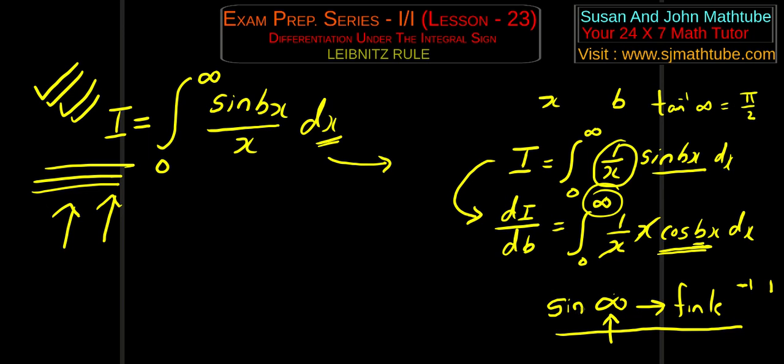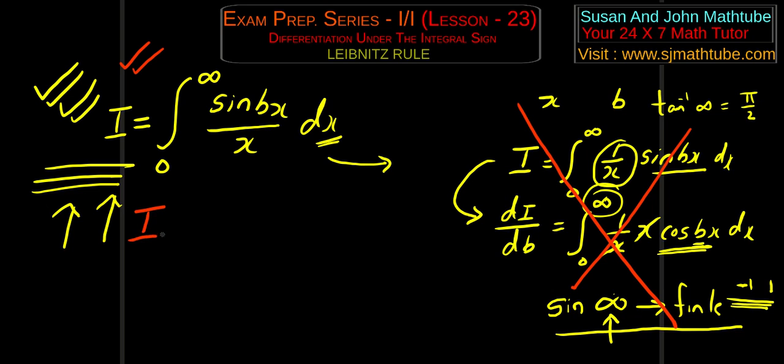But if you ask what is sine infinity or cos infinity, all I can say is it is a finite number, between -1 and 1, but I don't know the exact value. In other words, it's a total failure. We are not able to solve with this method. And that is why I told you this problem is extra colorful. It's so important.